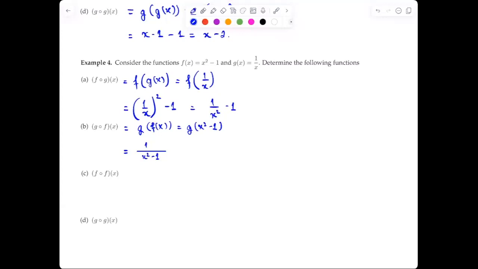Now for f circle with itself, you have f of f of x. Now f of x is equal to x squared minus 1. Okay, so bear with me here. Again, f of x is equal to x squared minus 1. Now you're looking for f of x squared minus 1.